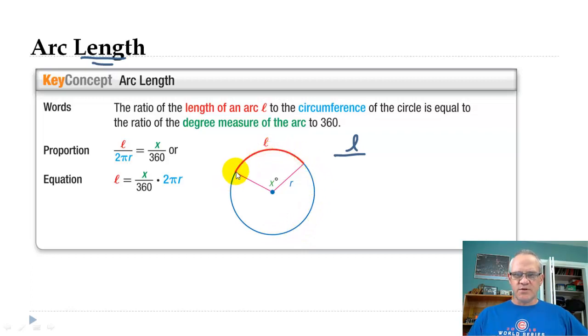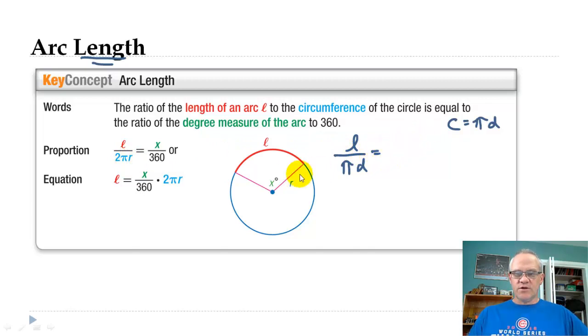The length of the arc is just this distance, so the part, the length of the arc, divided by the whole entire length of the circle. What's the whole entire length of the circle? It's the circumference, which I like to think of as pi times diameter. So it's the length of your arc over the circumference, which is pi times diameter. They've got 2 pi r written over here.